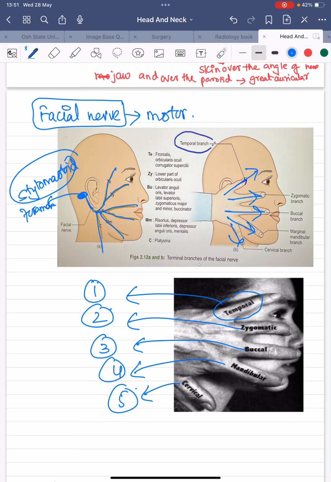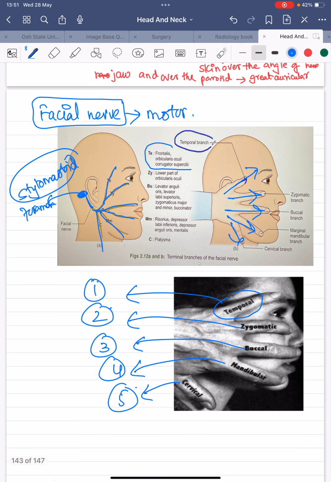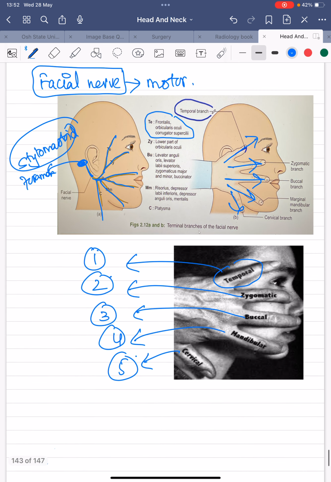See here, the temporal branch innervates the frontalis, orbicularis oculi, and corrugator supercilii muscles. The zygomatic branch innervates the lower part of the orbicularis oculi muscle. The buccal branch innervates zygomaticus major and minor, buccinator, and muscles around the oral cavity.